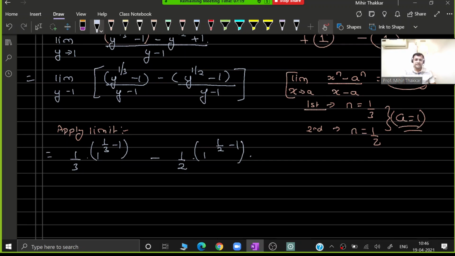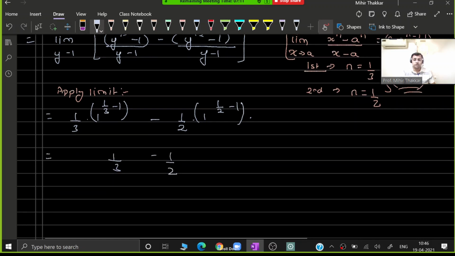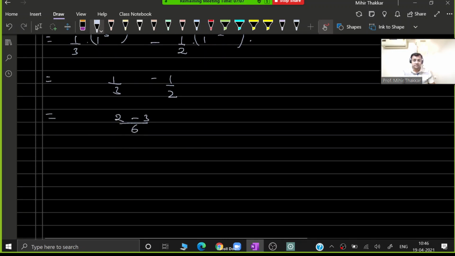So just ignore that and just take the subtraction of 1 by 3 and 1 by 2. So what do you get? You will get 2 minus 3 upon 6, giving us the ultimate value negative 1 by 6. I hope everybody has understood this.